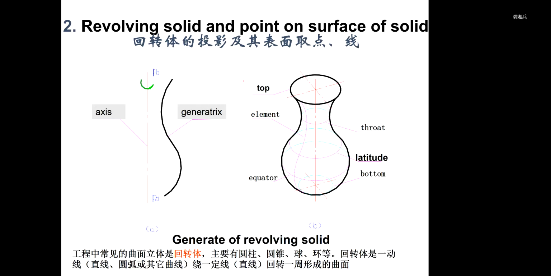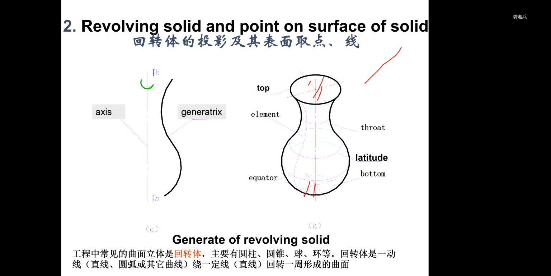On most of the surface of the revolving solid, we do not have a straight line, except the top one and the bottom one. On the side surface, the line should be curved. So the curved line is a three-dimensional element, but the straight line is a two-dimensional element.